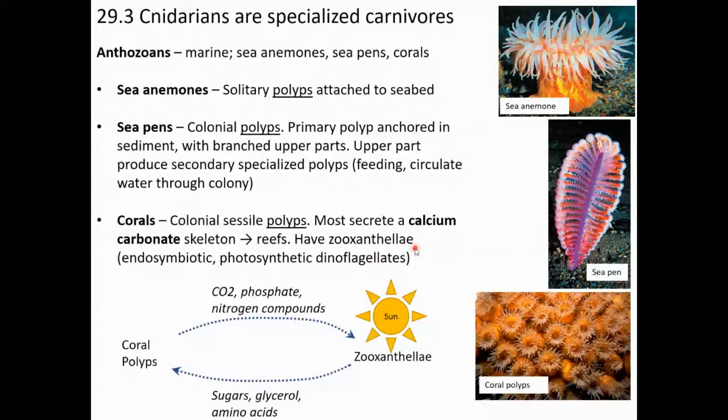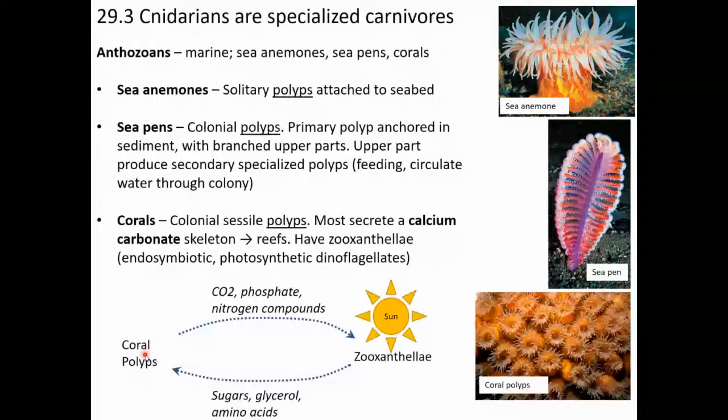They also have these things called zooxanthellae, which are endosymbiotic photosynthetic dinoflagellates, which I think you probably talked about when you were going through dinoflagellates at the beginning of the semester. And these are really important. Coral reefs are primarily restricted to shallow waters that receive sun, because these dinoflagellates are photosynthetic. There's a symbiosis between the polyp and the zooxanthellae.